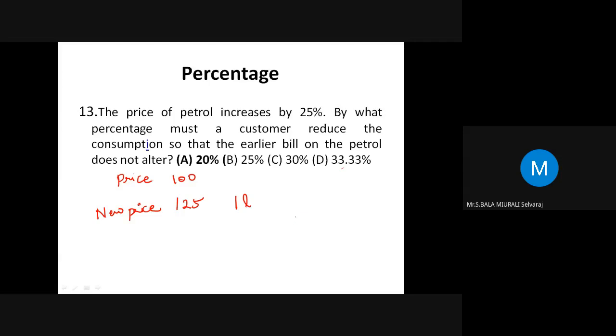See, for 125 rupees, how much do you get? 1000 milliliters, correct? For 125 rupees, you get 1000 milliliters. How much do you get for 100 rupees? That's what the question is, correct? 800, that's all. Yes or no? Yes, sir.